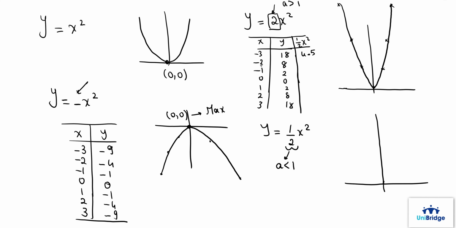And instead of negative 2 in the x squared getting 4, it's going to get 2. Again, what I'm doing is plugging negative 2 here, and it's going to give you 2. So the values of y decrease, so the parabola looks wider. This is what happens if you multiply the function by any number that is less than 1.